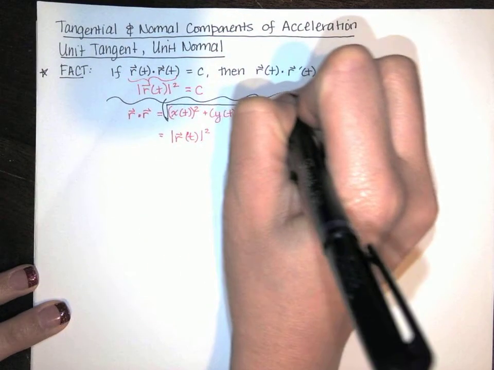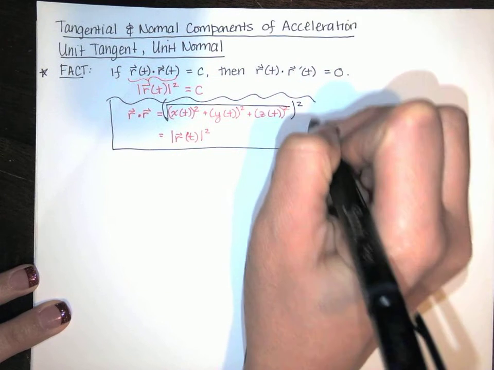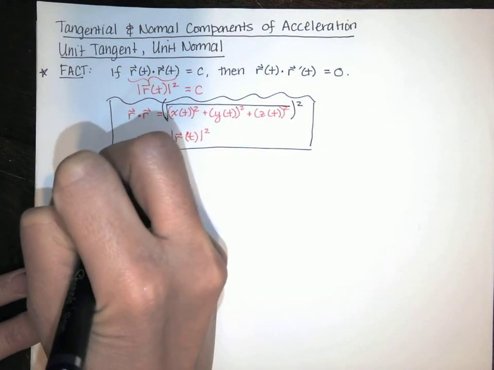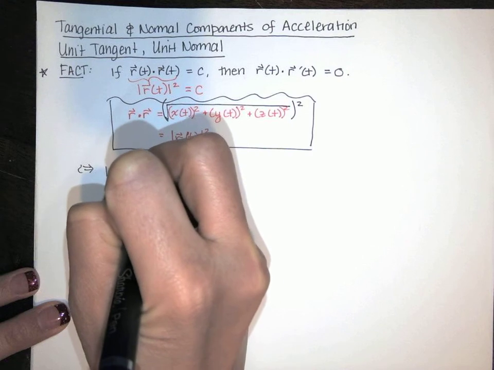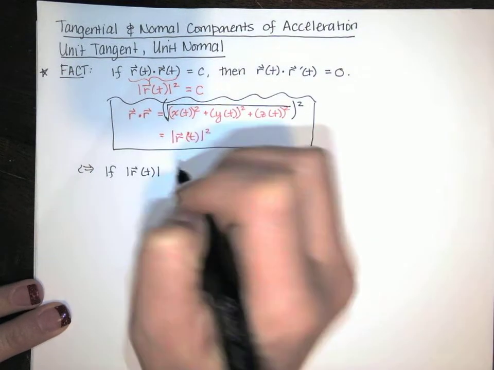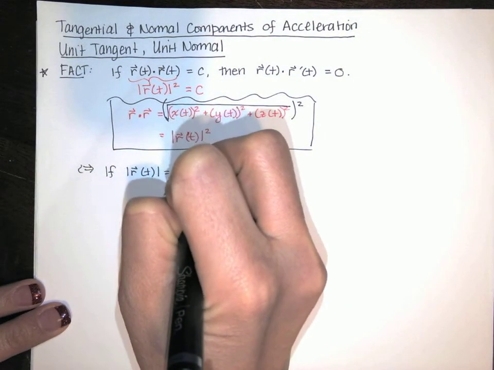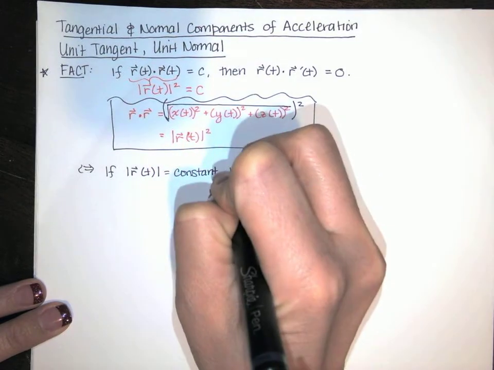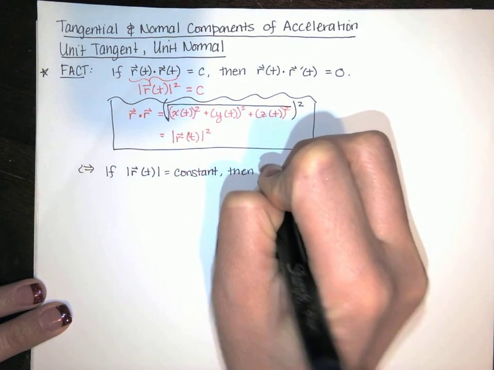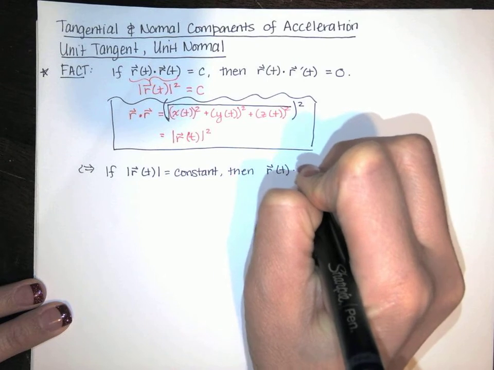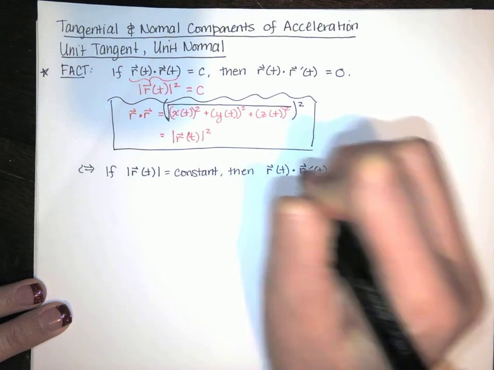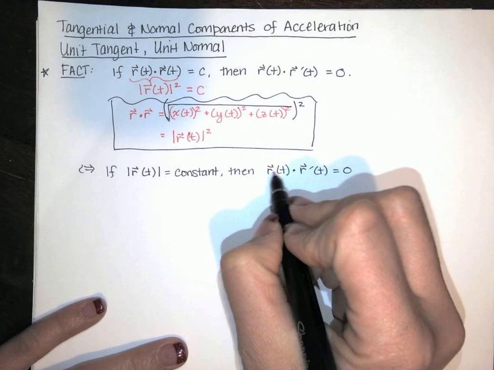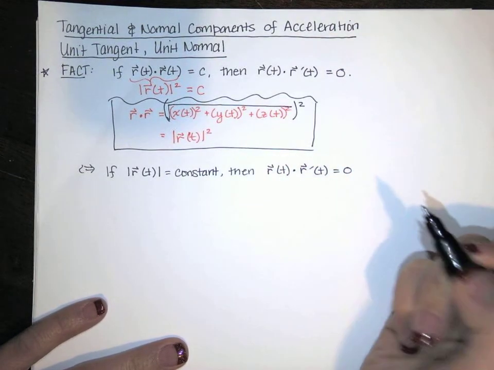So keeping all of that in mind, let's restate this. We're saying if the magnitude of r is constant, then it has to be the case that when you take the dot product of r and its derivative, you get 0. Now this can be interpreted as these two vectors being orthogonal to each other.